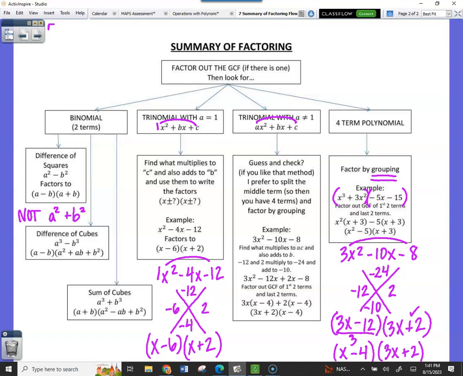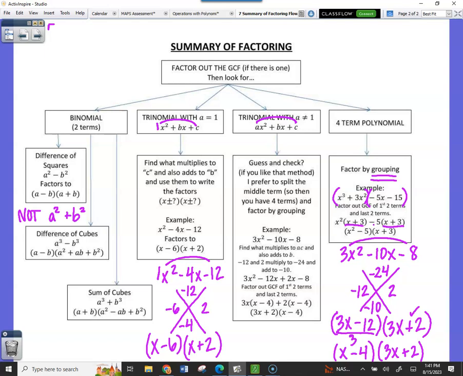Here you pull the GCF out, write what's left when you divide that out, and then these should match every time. If they don't match, you've done it wrong, or it doesn't factor. Okay? And then you pull that out, which would leave you with x squared minus 5. See it? This is not new.